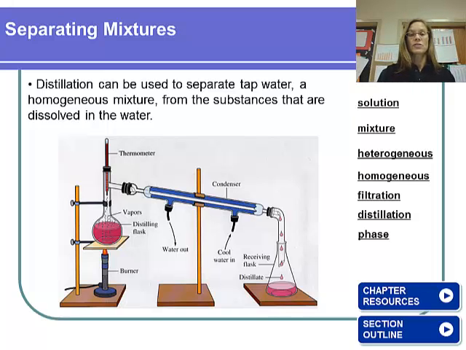A condenser, as you can see in the image here, is used to then recondense that water into its liquid form, and then you have that prepared distillate. So this is a way that water is cleaned for drinking purposes, and some of you have probably seen examples of this where water has evaporated on its own and left behind some solid crystals from the dissolved solids that were originally in the water.